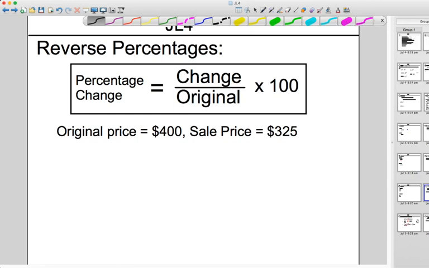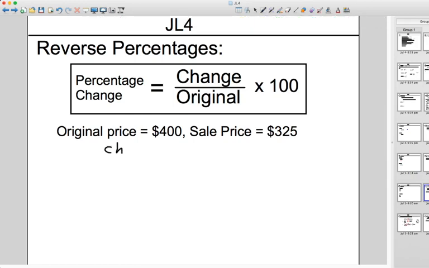The original price is $400, the sale price is $325. To work out the change, I am going to do 400 minus 325, which gives me 75.